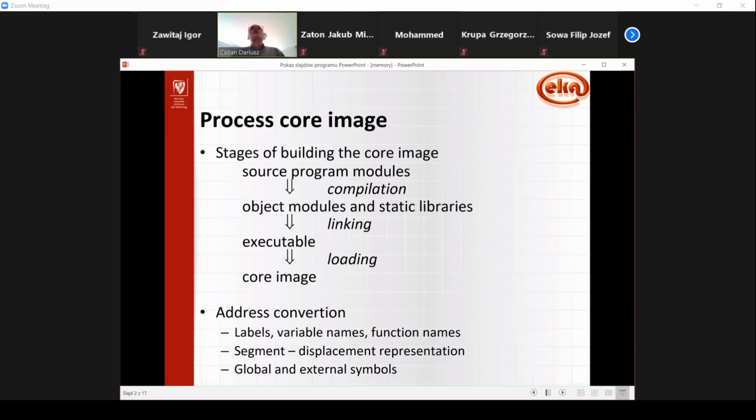All the constants that you use in your program are also converted to some bytes, and also all references to functions and references to variables are converted to addresses in the memory.